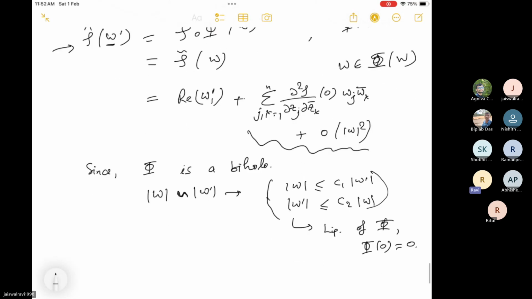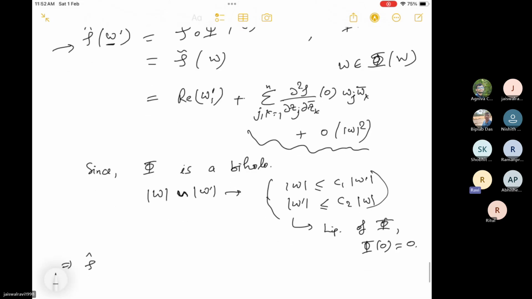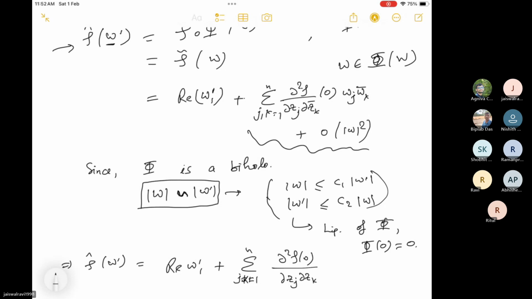So yeah, now if you again write rho hat of W prime, since mod W is comparable to mod W prime, you can write the real part of W prime plus the sum over j, k from 1 to n of del square rho at 0 of zj zk bar. This is rho tilde.